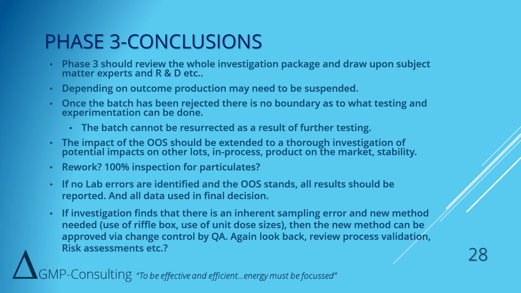If no lab errors are identified and the OOS stands, all results should be reported and all data used in the final decision. If the investigation finds an inherent sampling error and a new method is needed, a new method can be approved via change control, and again a look back at process validation, risk assessments, etc.